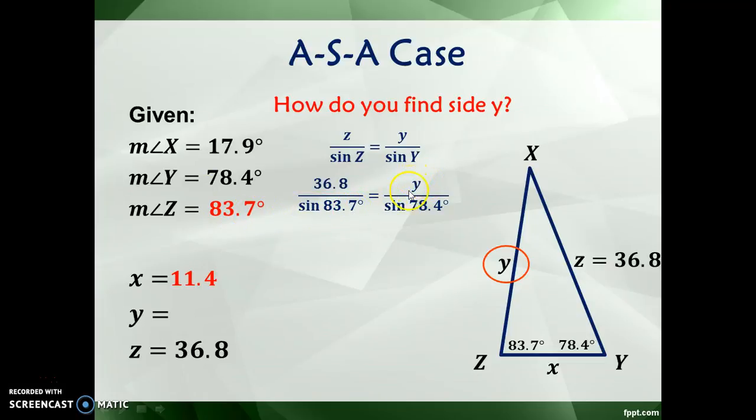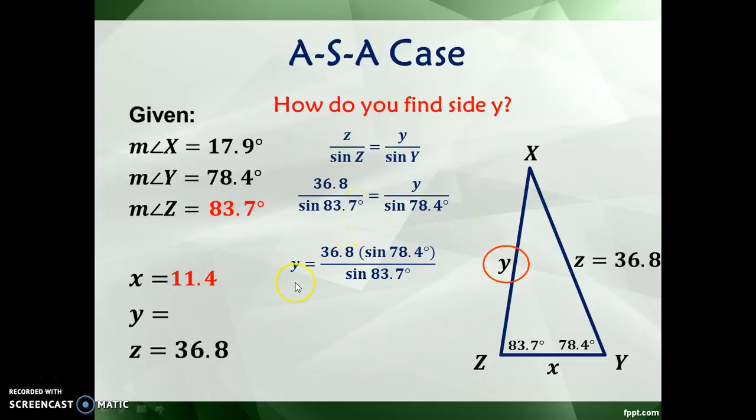The value of y is missing, so that's what we are going to find. And angle Y measures 78.4 degrees. So again, to get the value of y, we multiply 36.8 by the sine of 78.4 degrees and divide it by the sine of 83.7 degrees.